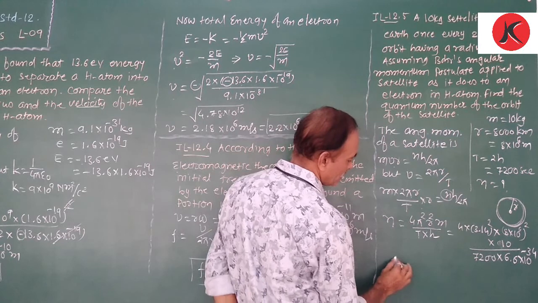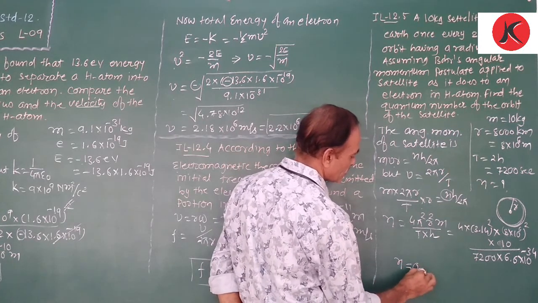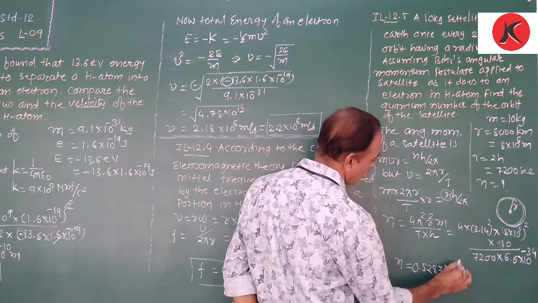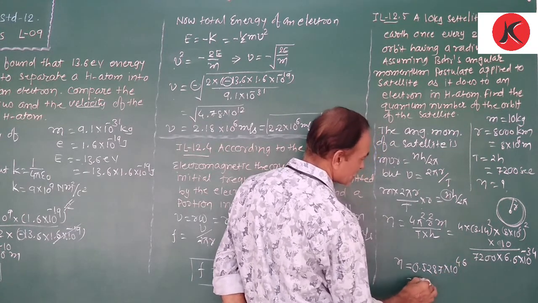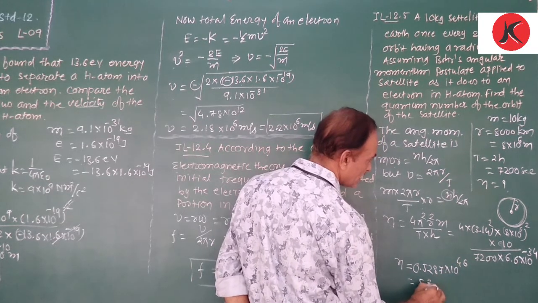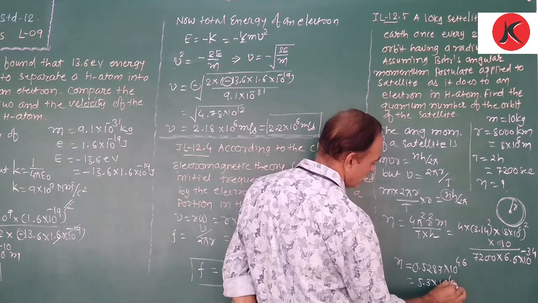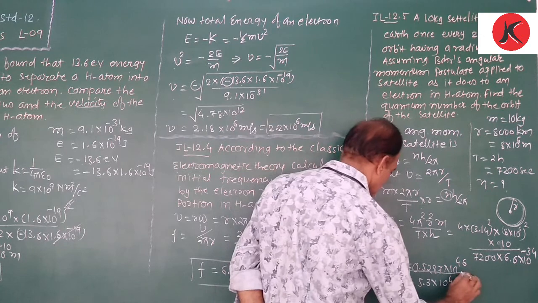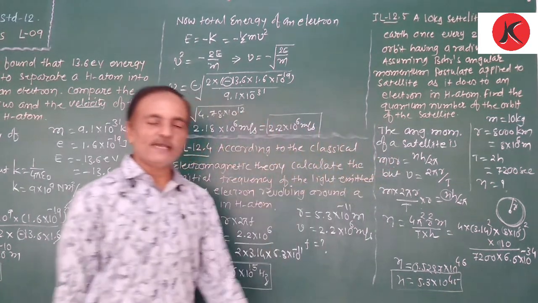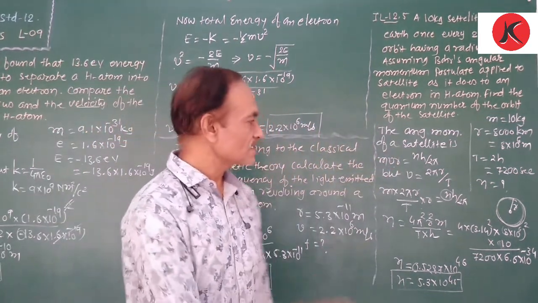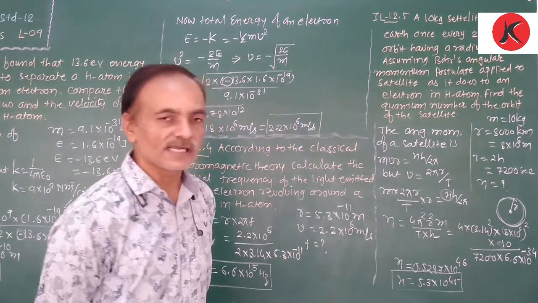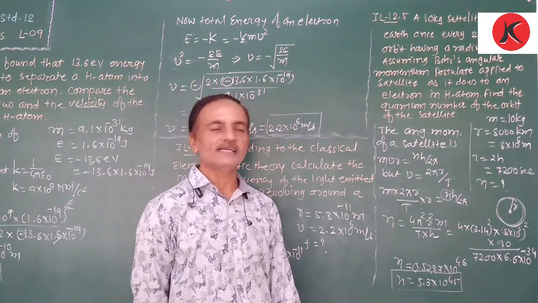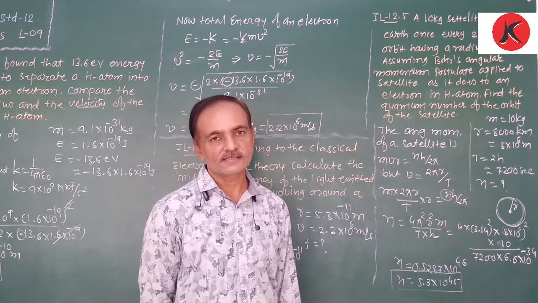Thus we obtain the quantum number is 0.5287 into 10 is to 46, that means 5.3 into 10 is to 45, the orbit number. So as we compare the location of the satellite around the Earth with the electron around the nucleus, there is a quantum number for this satellite revolving around the Earth.